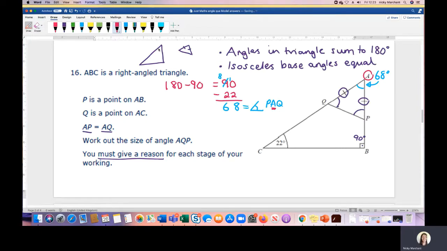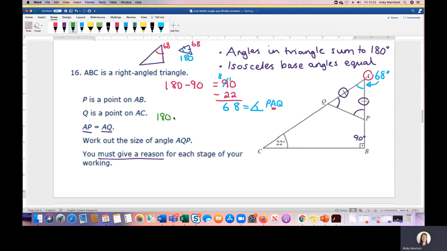So then this big triangle, we've got 68 up here then. Okay, so this little triangle is also 180 degrees in total. Always, every single triangle is 180. So to find these little angles here that are equal, we need to find out our balance. What have we got left to work with? So let's have 180 again.